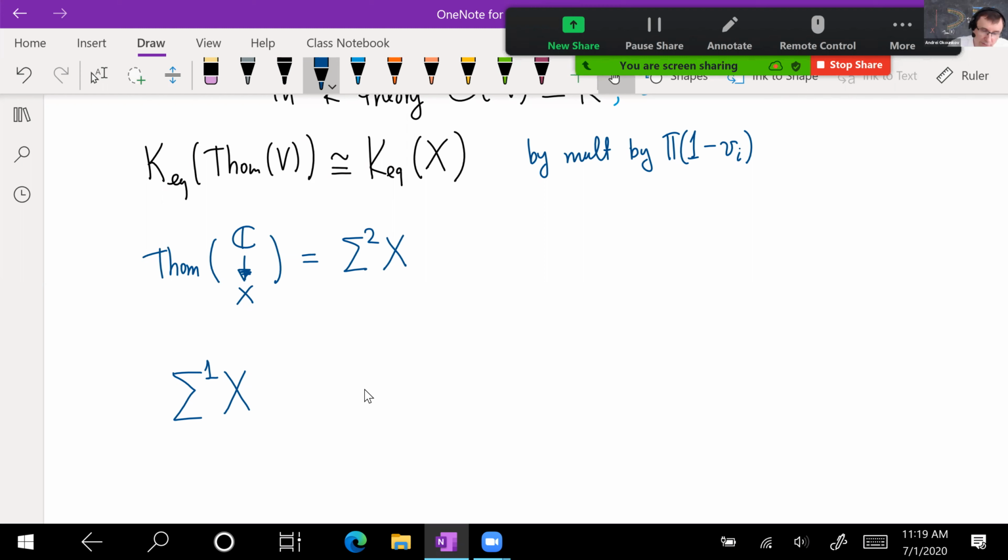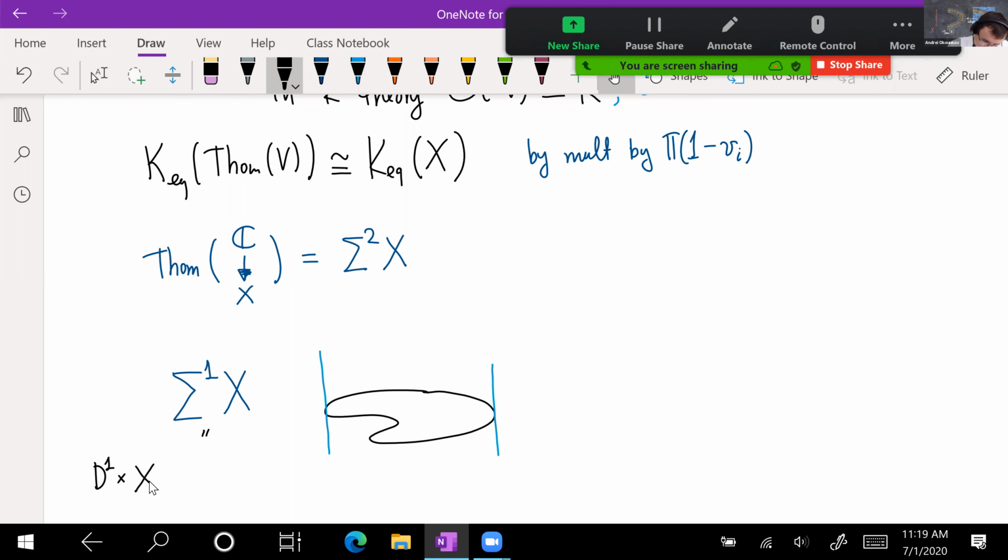What's it going to be? So you have your round X, and then we take a bundle of the product with the interval. So you take the disk bundle over X, the trivial one, and we will collapse the boundary.